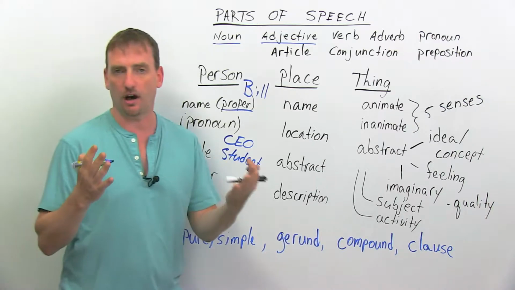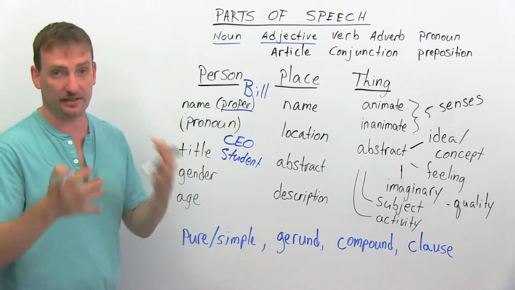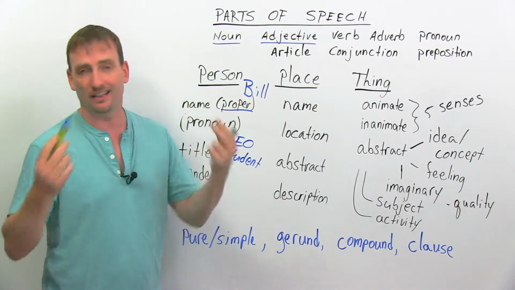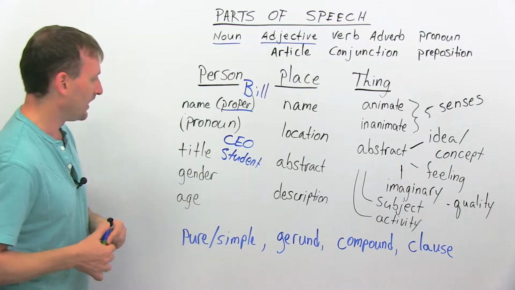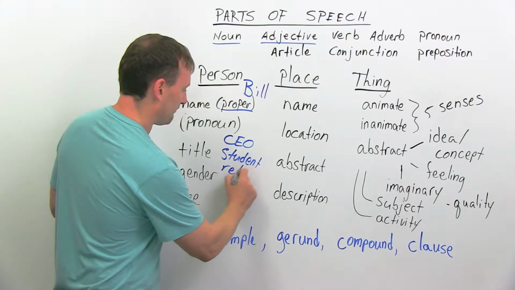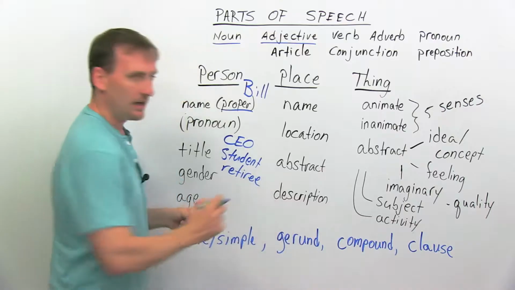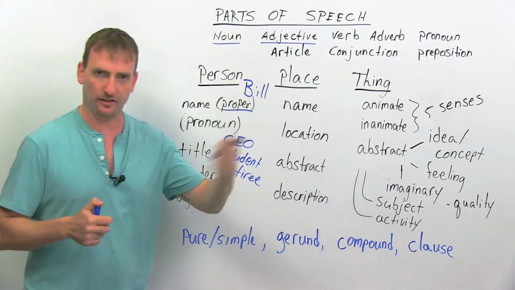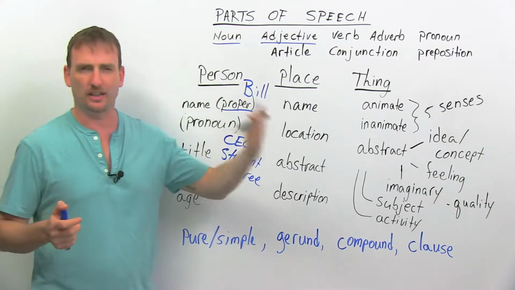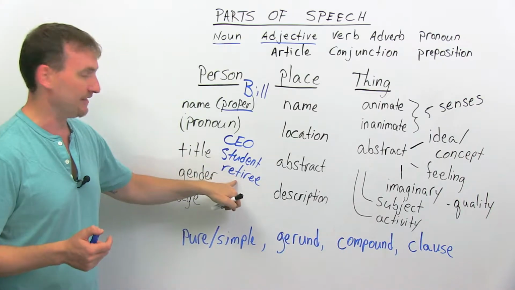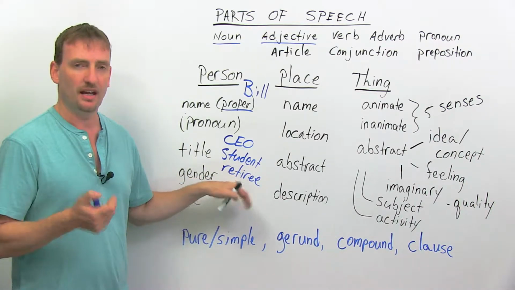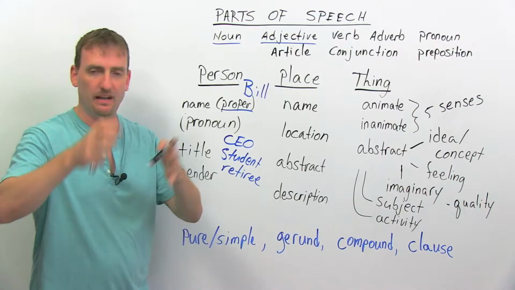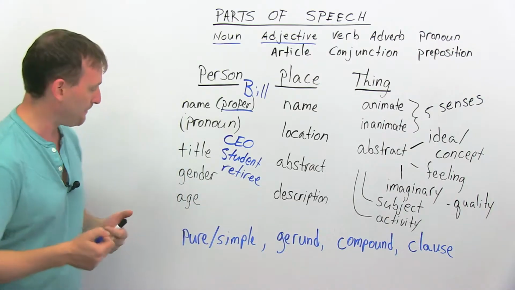Different ways to talk about people in terms of their position in an organization, in life, etc. I'll give you another one, retiree. A retiree is an older person who has stopped working, usually at 65 years old. But again, retiree is still a noun. And just knowing that it's a noun helps you place it within a sentence, okay?